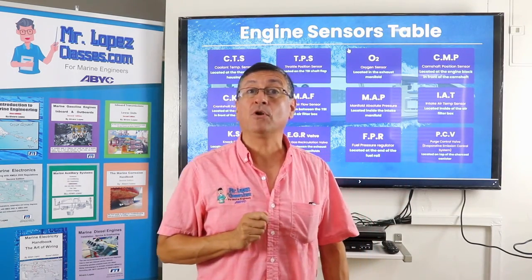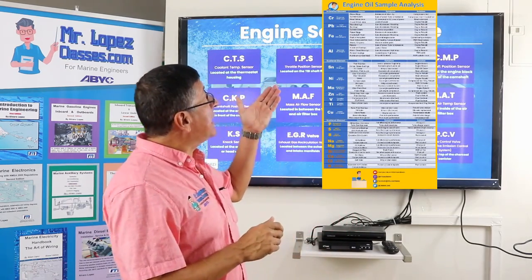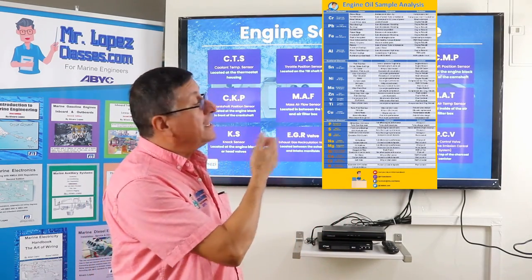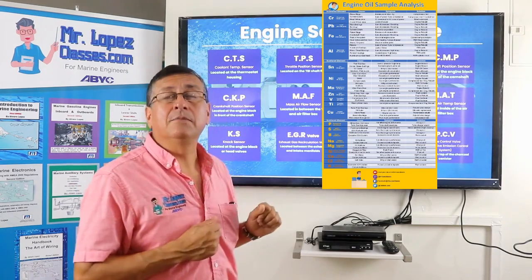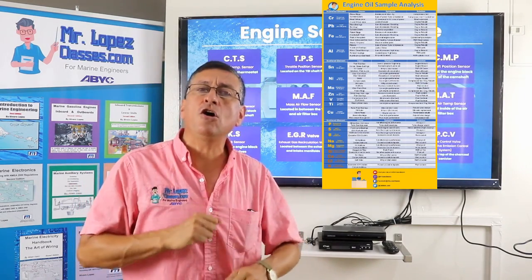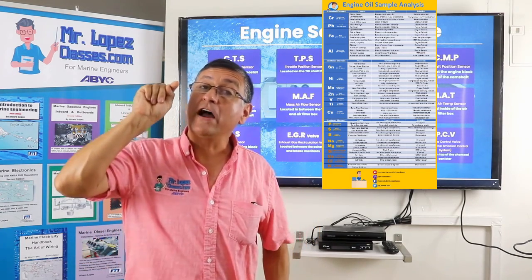You probably don't need to visit the boat. If you have the oil sample report and the table related to the oil sample, you can analyze each metal, each element dispersed in the oil, and identify where the problem is.